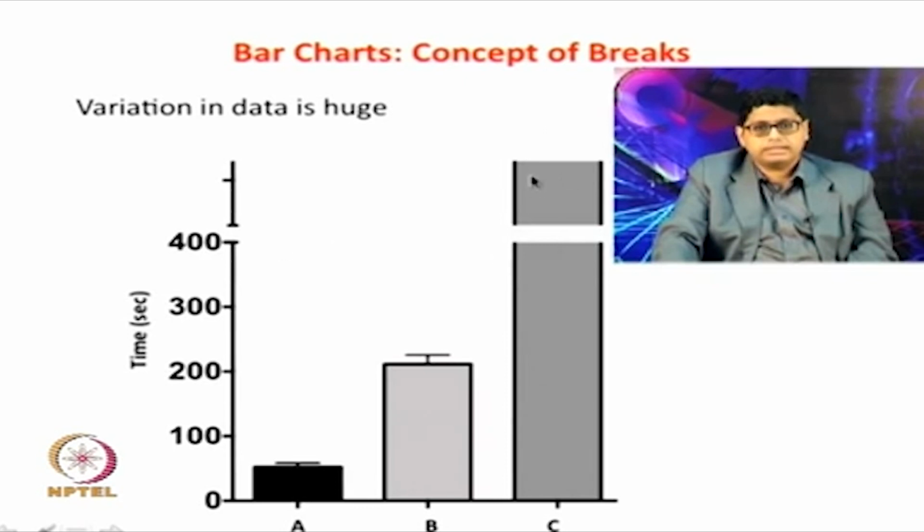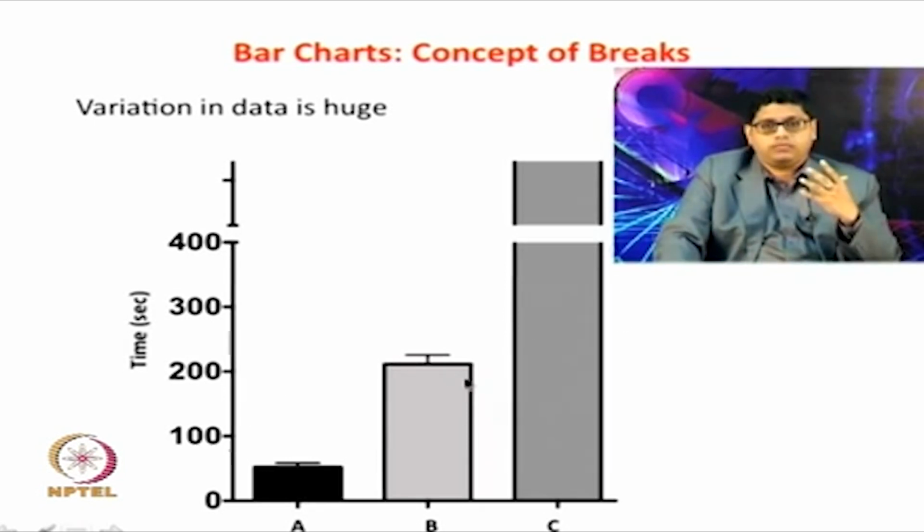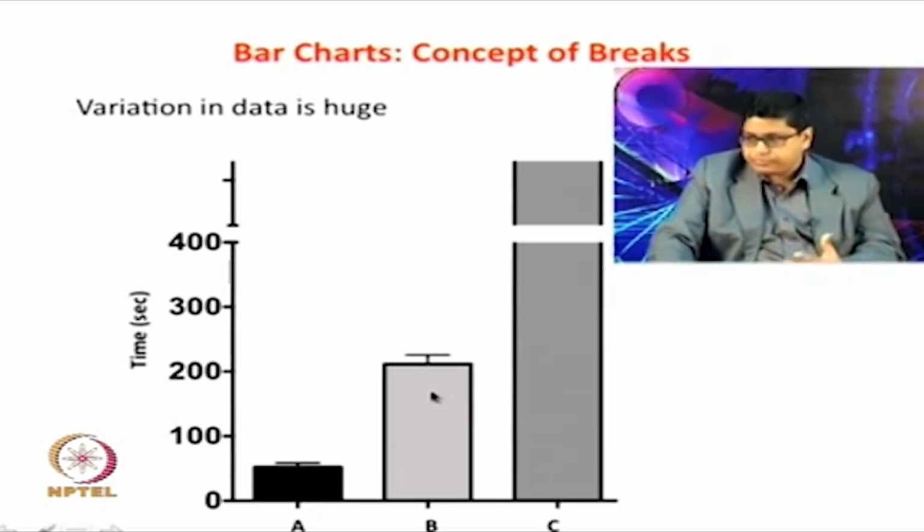So, let us say this one is 800. So, you can introduce a break at 400 and then plot again. So, everything still fits into the same plot, but the essential part of the information is there for you to gather, that this is way smaller than this is also part of the information, and this is way smaller than this is also part of the information, and you want to capture both these things in the same plot.